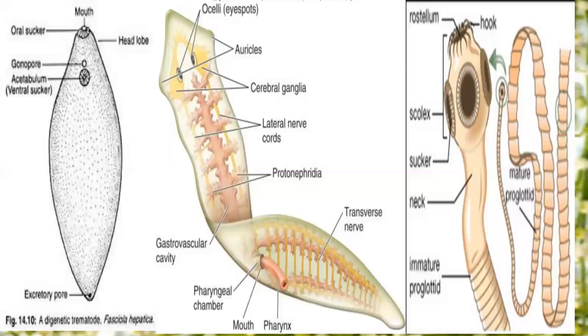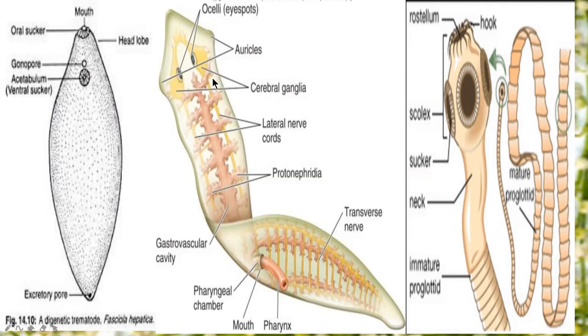Now, the second example, after the internal structure of a liver fluke, is the planaria. It has ocelli, these are the eye spots, and the auricles.